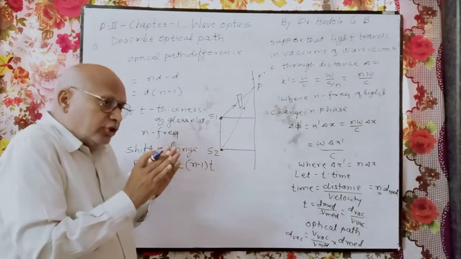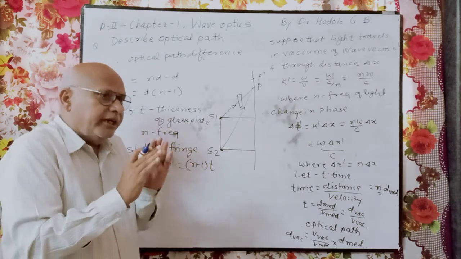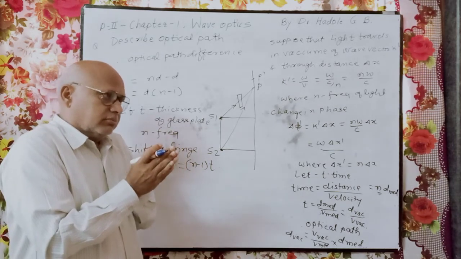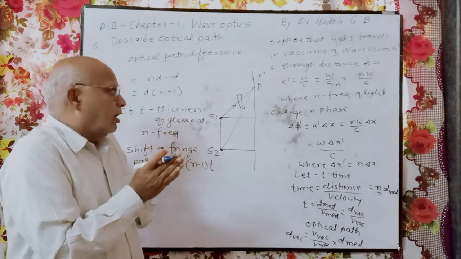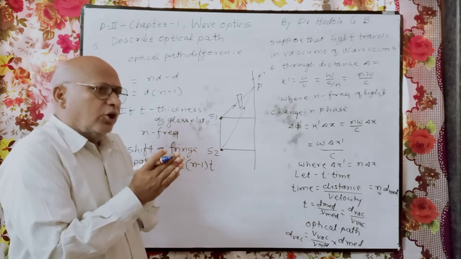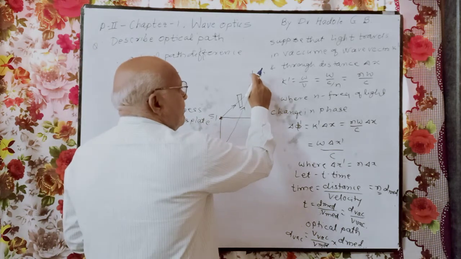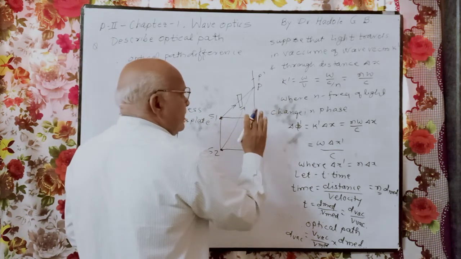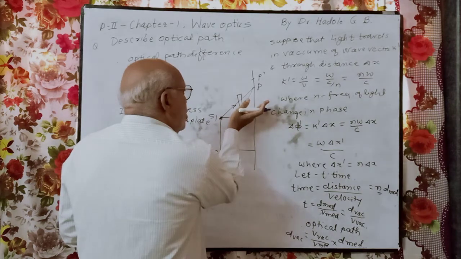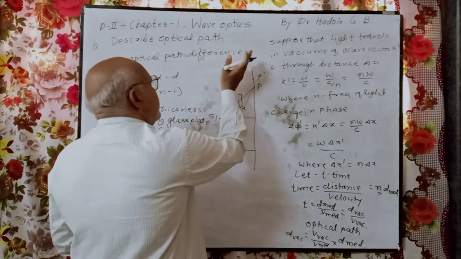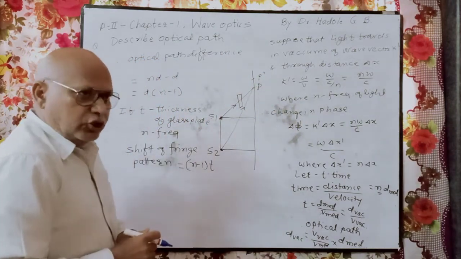But the width of the fringes, or the fringe width or band width, will be same. Here the bandwidth or fringe width will remain same. Only the total fringe pattern will get shifted in upward direction.